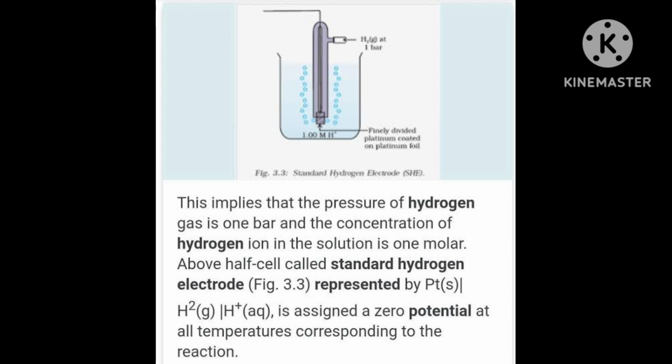Then here H2 and HCl will maintain equilibrium. Here reduction will take place, meaning hydrogen ion H+, after taking 1 electron, will convert to half H2.